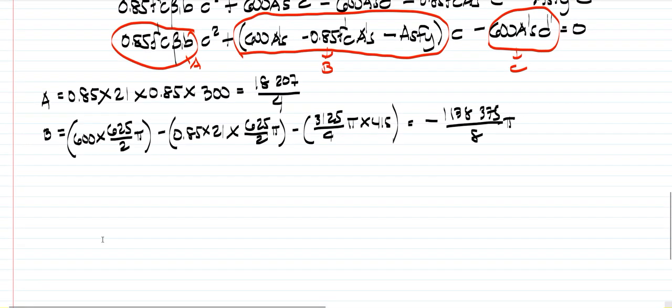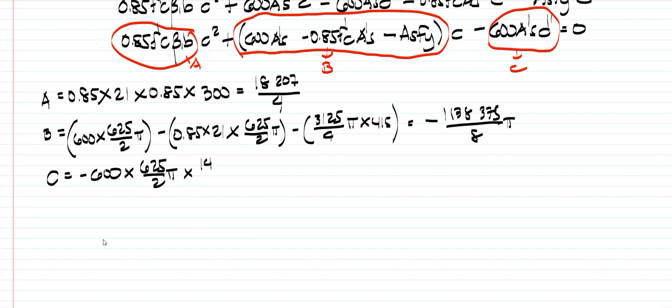Then, let's proceed to c, which is a value of negative 600. There is a negative sign there. Times A's, that is 625 over 2 pi, times d', which is 145 over 2. So, that will be a value of negative 42,706,025.13.